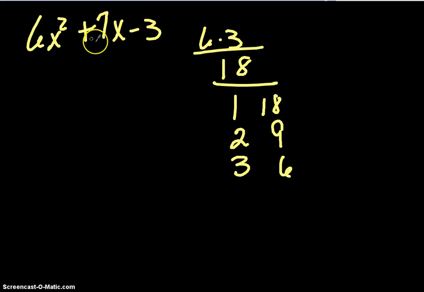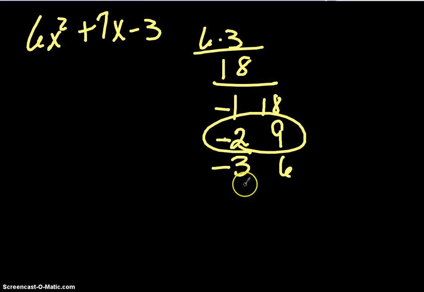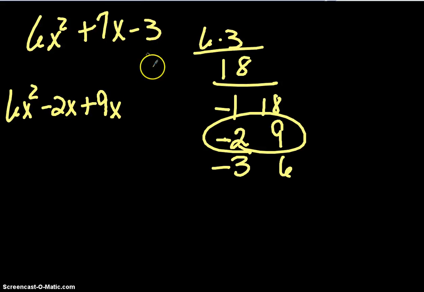The biggest one is positive, which means the small one has to be negative. You need the factors that equal 7, so that's going to be negative 2 and 9. You cannot write your parentheses yet. You're going to bring down your 6x squared. You're going to pull over your factors, so minus 2x plus 9x. Make sure you put a sign with them, a plus or a minus. And then you bring down your minus 3.